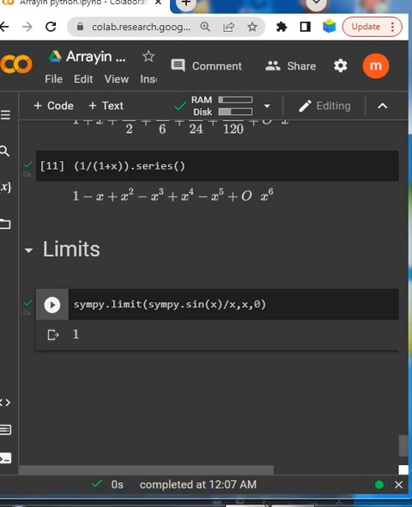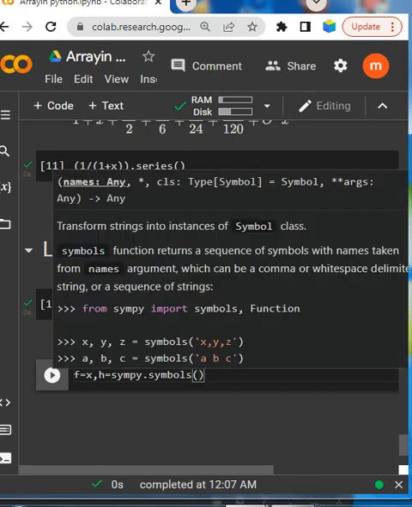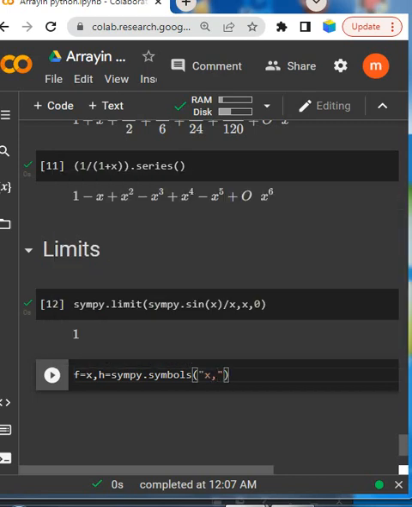Same thing, if I try to write f, x comma h equal to sympy dot symbols x comma h, and f as a sympy function also.